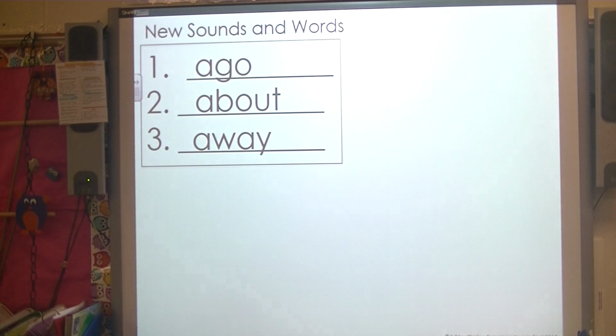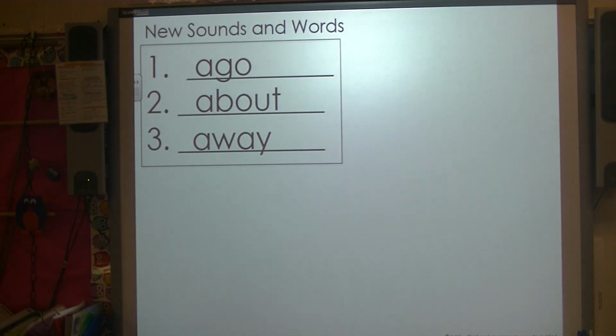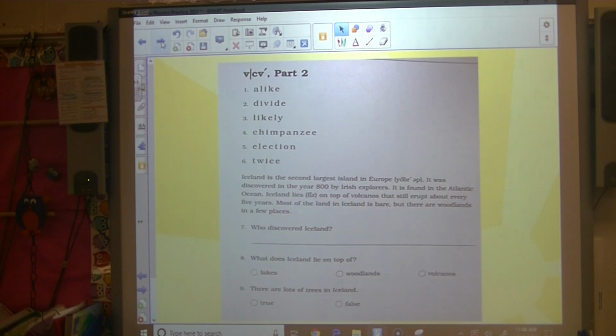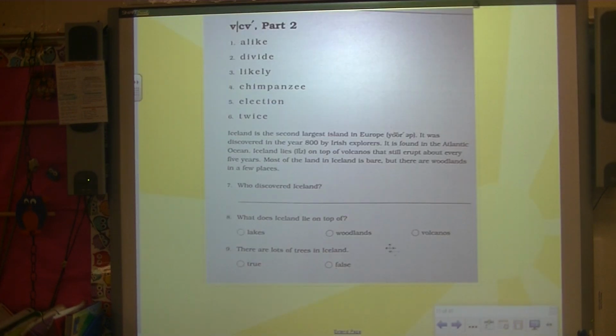All right, how do we code a vowel that is followed by a consonant? Yes, we code it with a breve. It's short. How do we code an open accented vowel? With a macron, because it's a long vowel sound.